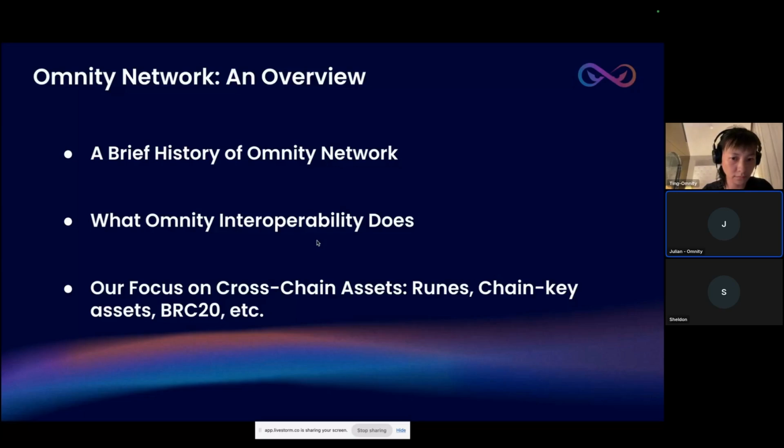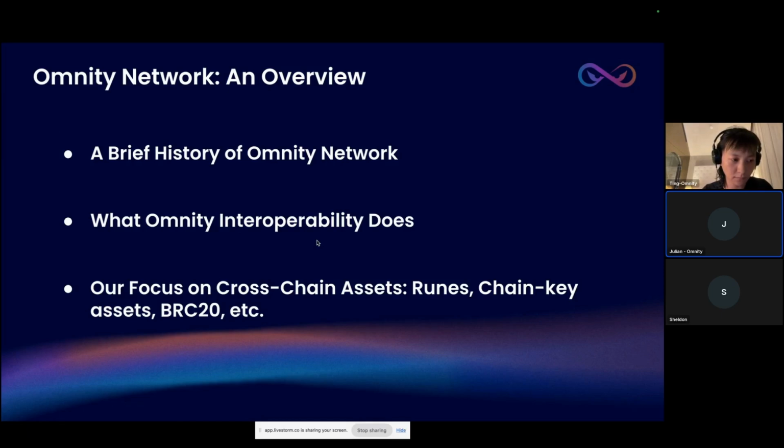This is when we started delving into ICP. We discovered that the chain key and Bitcoin subnet technologies on ICP were exactly what we needed. These technologies would allow us to connect various chains more efficiently using ICP as a hub.